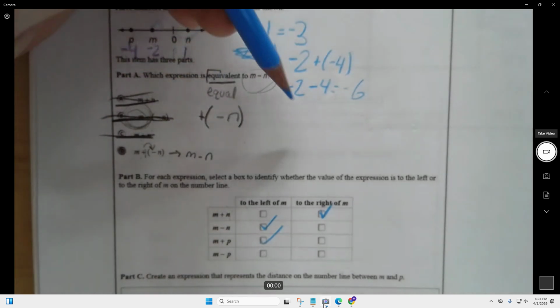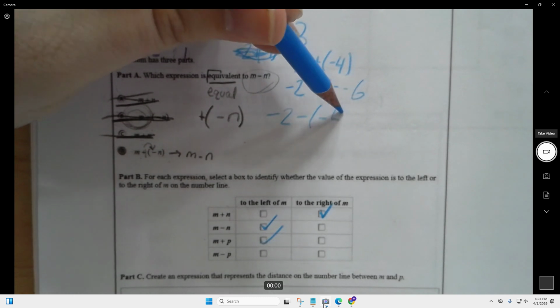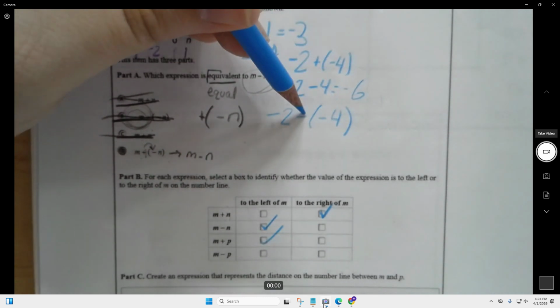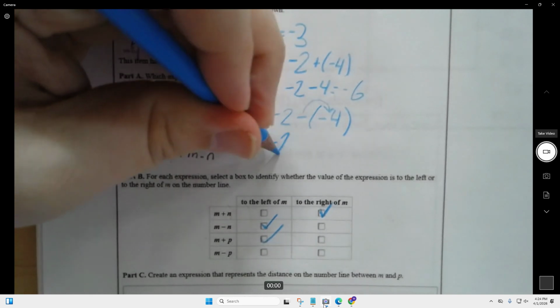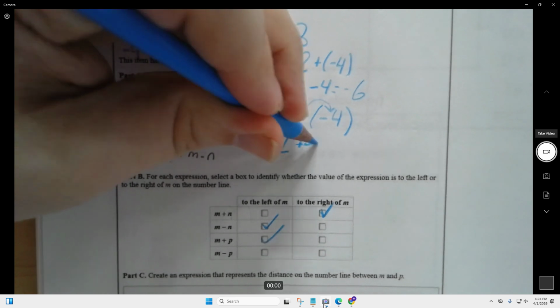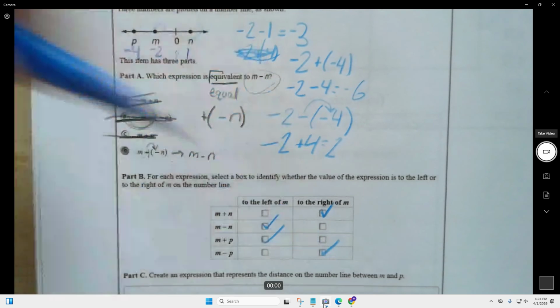M minus P would be negative 2 minus negative 4. And just like as we saw in previous questions, if you distribute this negative to the parentheses, that will become a positive. So negative 2 plus 4, which is 2. And we'll go to the right of n.